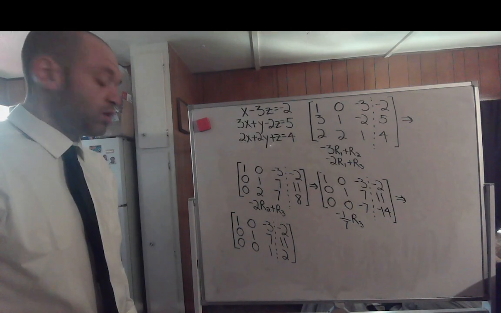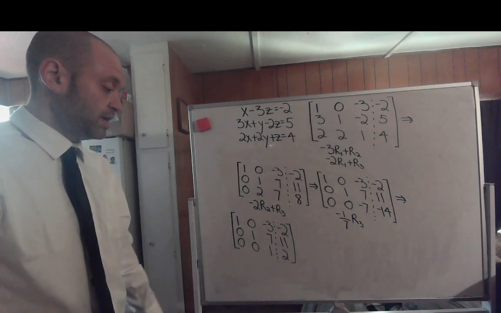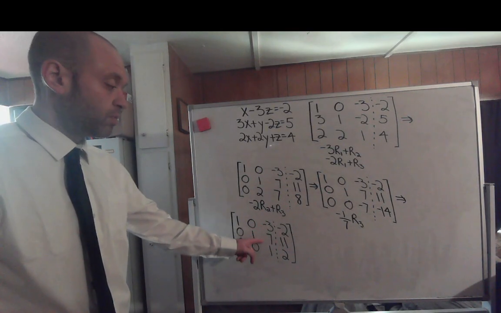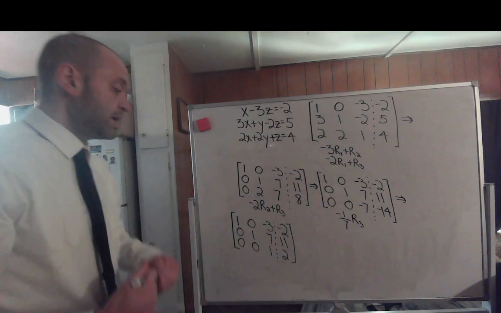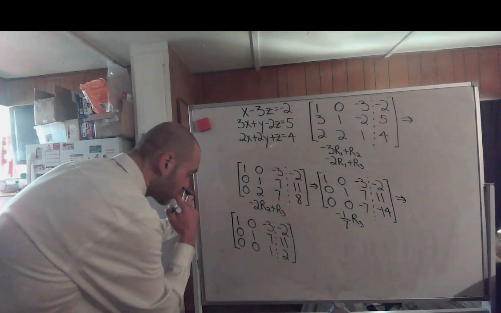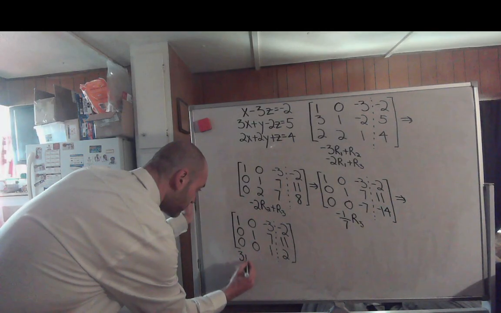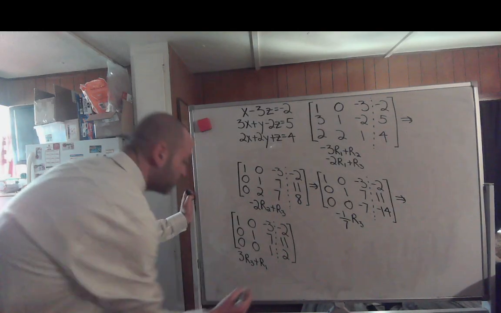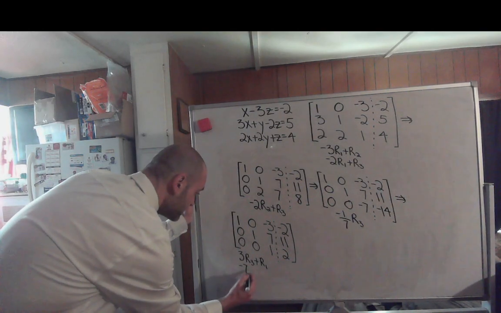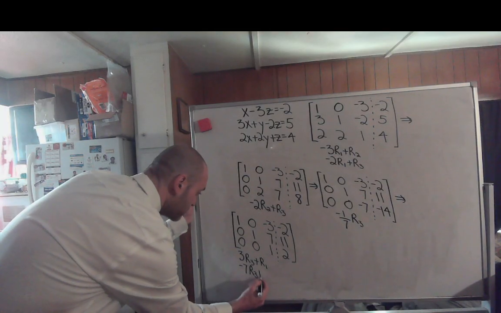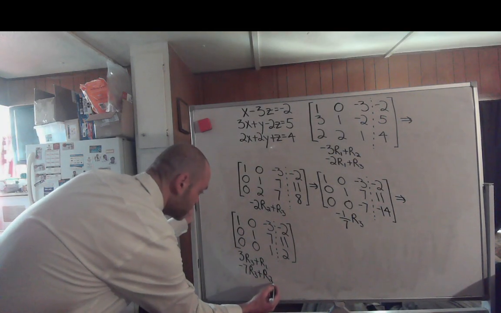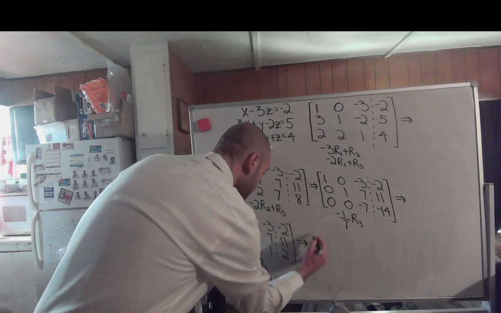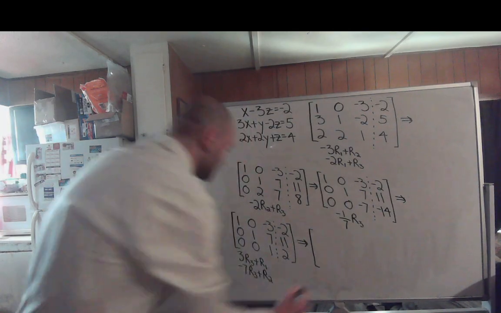Now, all that's left to do, if you look here, is make the third digit of row 2 and row 1 into a 0. So if I take 3 times row 3 and add that to row 1, I can make that last digit a 0. If I take negative 7 times row 3 and add that to row 2, I can make that last digit a 0. So let's go ahead and perform those transformations.